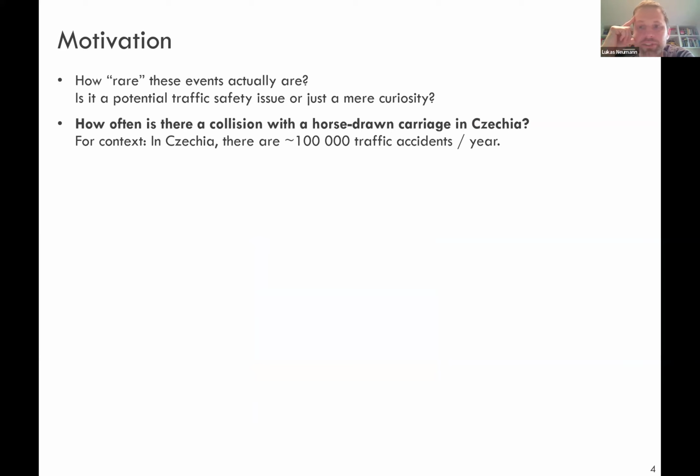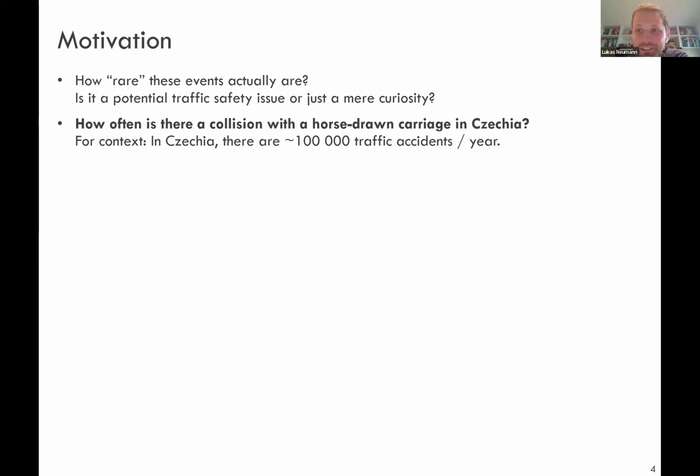How rare are these events? Let's again stay with the example of a horse-drawn carriage, and let's stay local, let's say in Czechia. What are the chances that you would encounter such a horse-drawn carriage in Czechia, and more specifically, what is the chance that you will actually be involved in an accident?